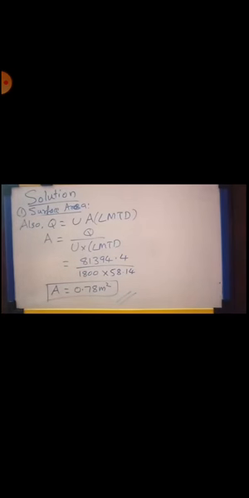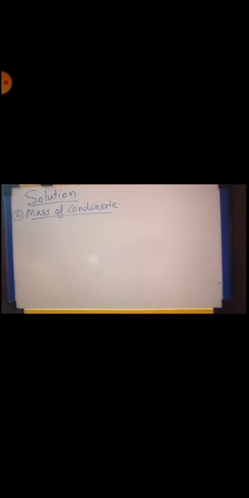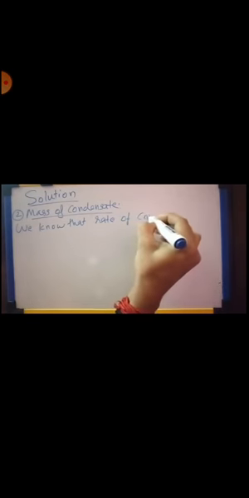Our second part of the question is to find out the mass of the condensate, that is m dot s. The rate of condensation is given by another equation, that is Q is equal to m dot s into hfg.